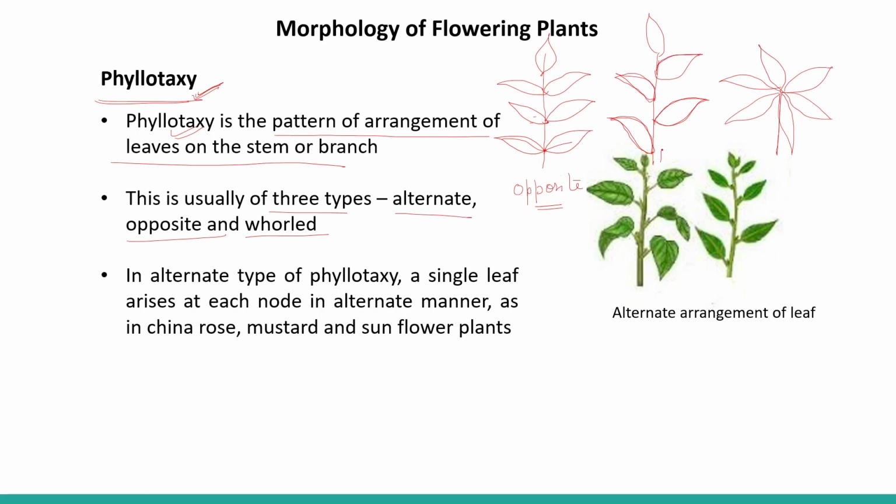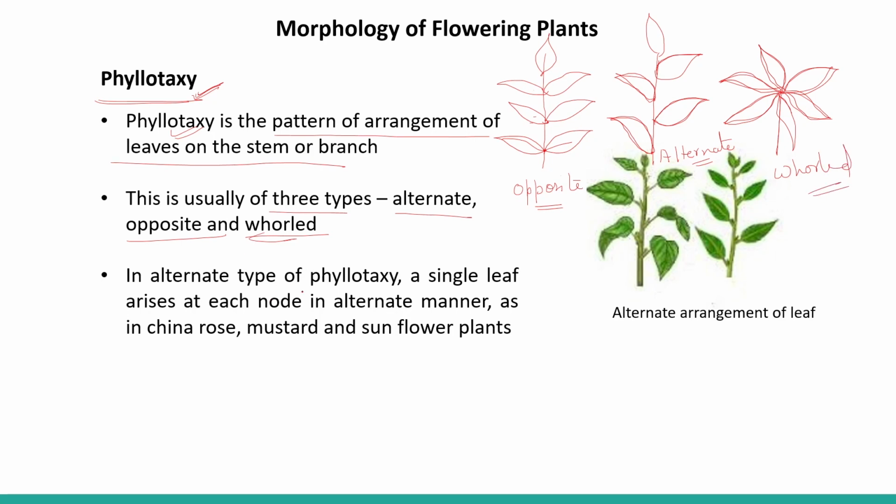So this is alternate arrangement. And the third one is whorl. So here you can see a whorl-like structure, that is, all the leaflets are arranged at one particular point, forming a whorl-like structure. So this is called whorled arrangement.